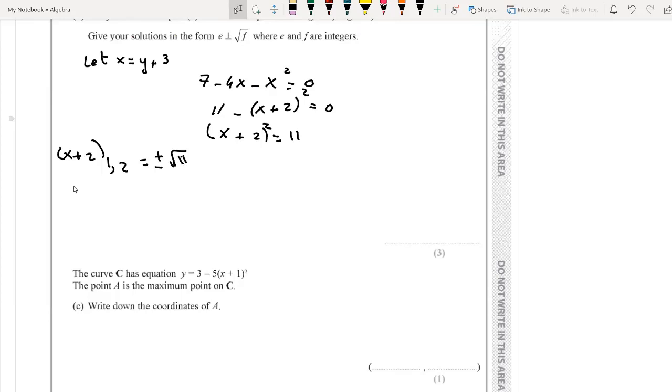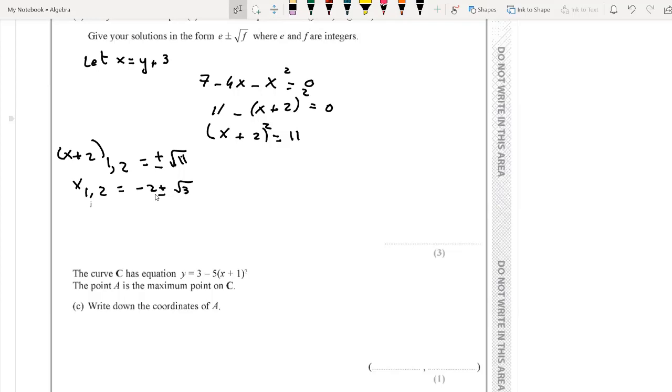Now, if I substitute here, x1 and x2 is equal to minus 2 plus or minus root 11.